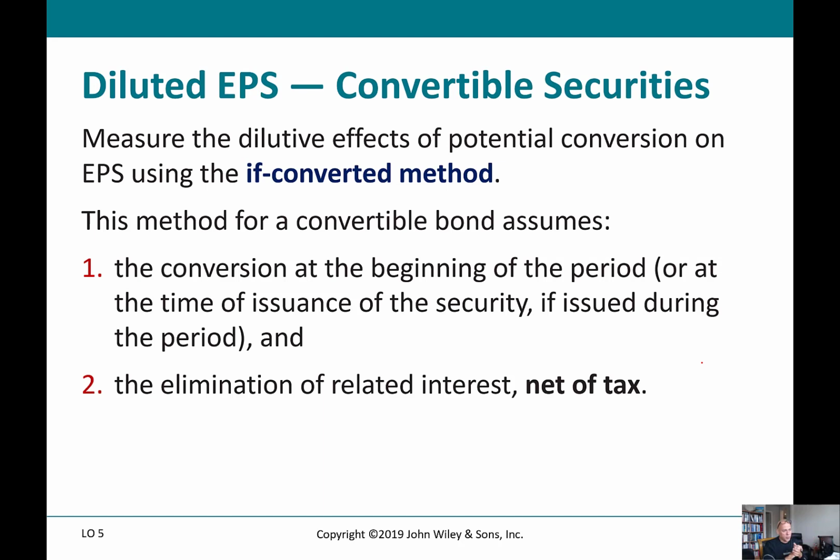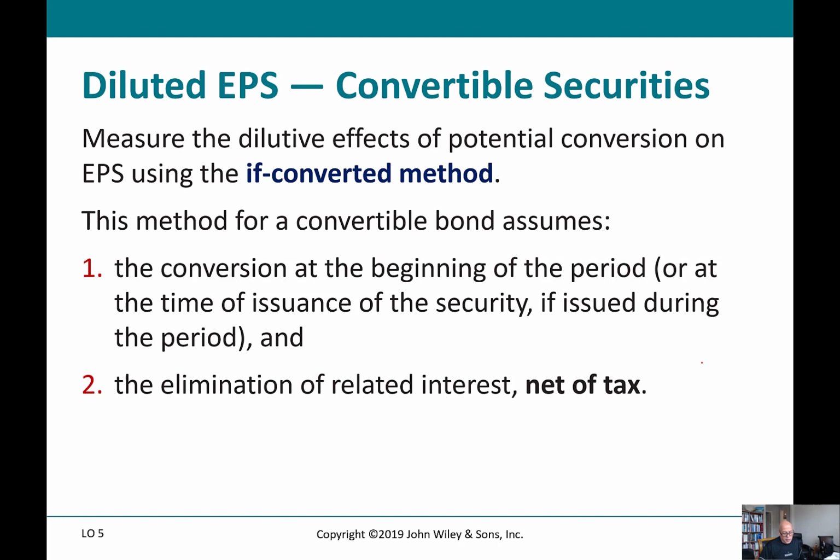The reason a company might do this is maybe the bond interest is high and they want to eliminate that interest, so they convert those bonds into stock. Or maybe the bondholders are excited about the stock price going up and interest rates aren't that great, so they want to convert those bonds into stock.